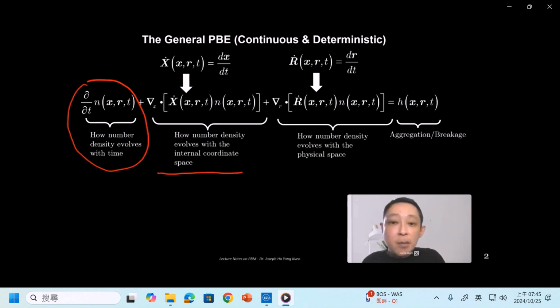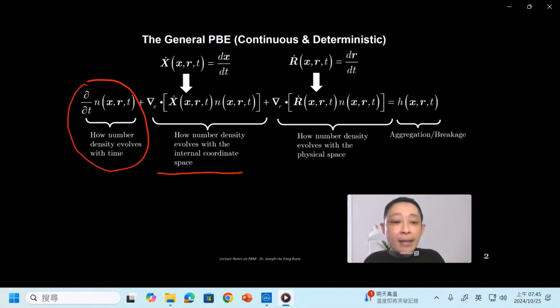As we mentioned in the previous video, if you have a particulate system where your particle is capable of growing or shrinking with time, then you would have this so-called velocity through the internal coordinate space, and you would involve this term in order to model that growth or shrinkage of your particle through the internal coordinate space.